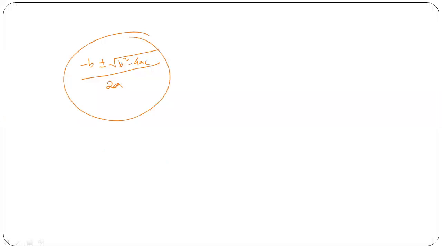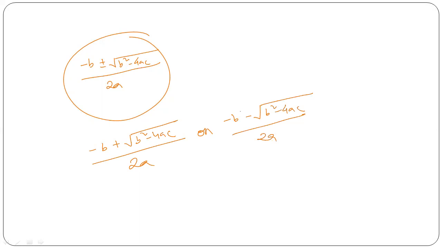Here plus minus means it may be minus b plus root of b square minus 4ac by twice a, or minus b minus root of b square minus 4ac by twice a. So this plus minus means positive or negative. Up to this, are all of you clear?